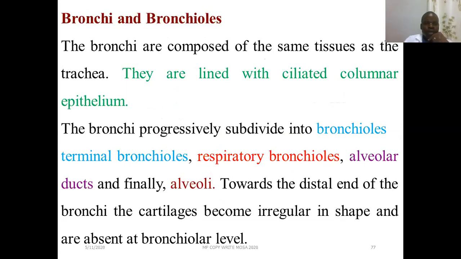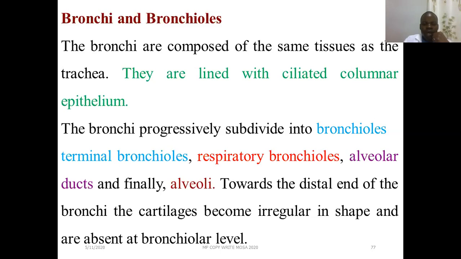Bronchi and bronchioles. The bronchi are composed of the same tissues as the trachea. They are lined with ciliated columnar epithelium. The bronchi progressively subdivide into bronchioles, terminal bronchioles, respiratory bronchioles, alveolar ducts, and finally alveoli.